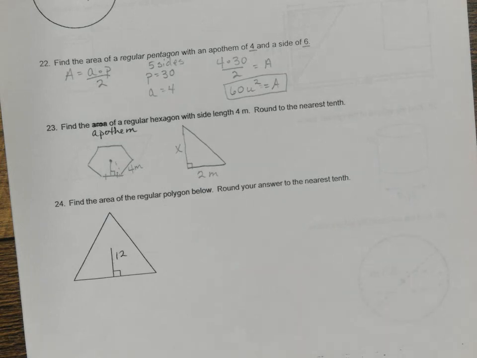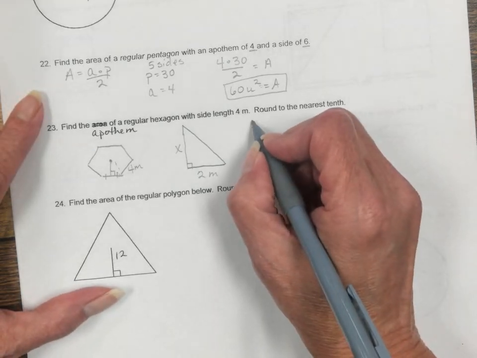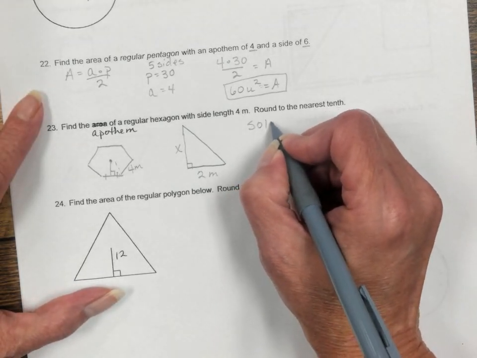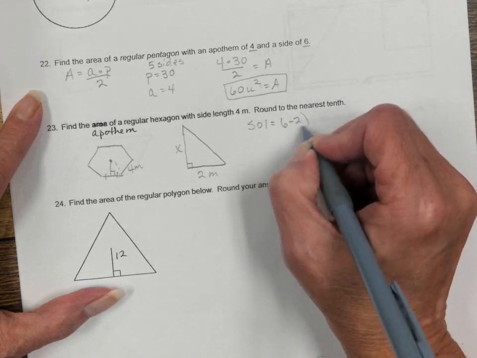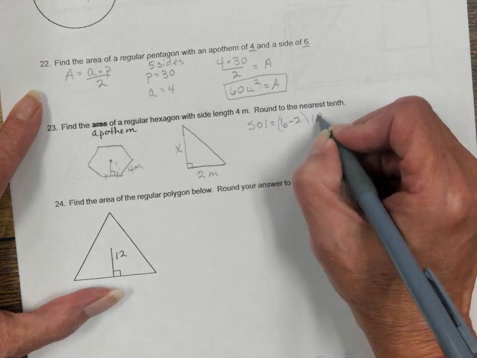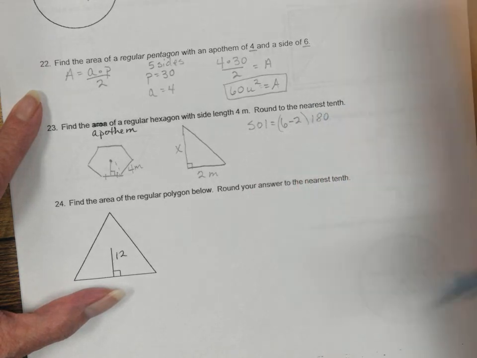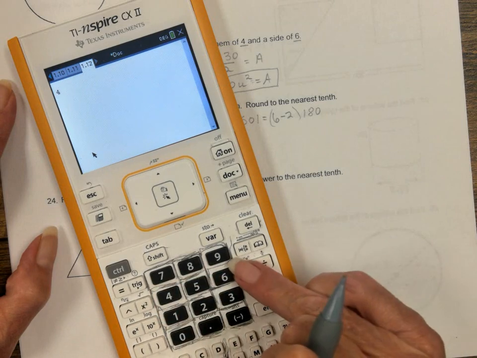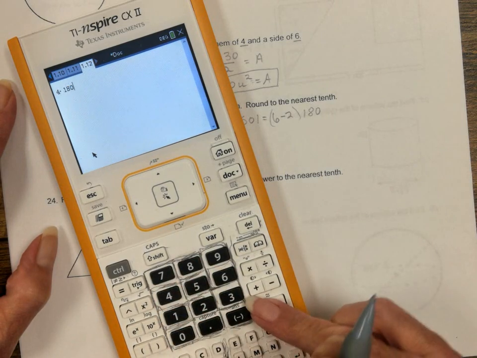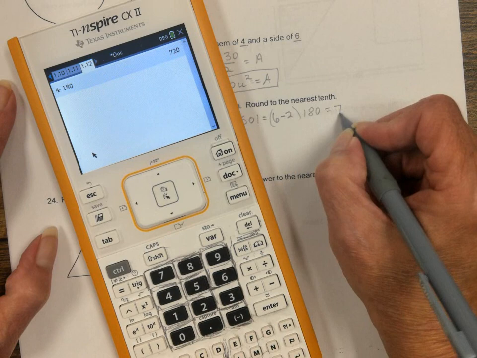I can figure out something else. I can figure out an angle measure. And I do that by taking the sum of interior angles of a 6-sided figure, 6 minus 2. Do that first and then multiply it by 180. So 4 times 180 is 720.